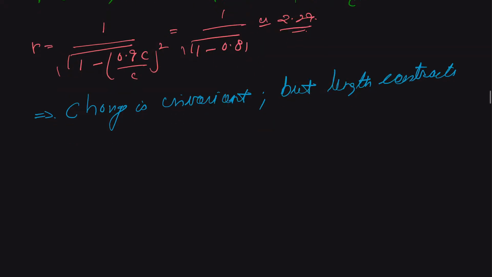Therefore, from here we can write that linear charge density, obviously, is going to increase. And let us suppose the new linear charge density lambda prime will be equal to gamma multiplied by the original linear charge density.